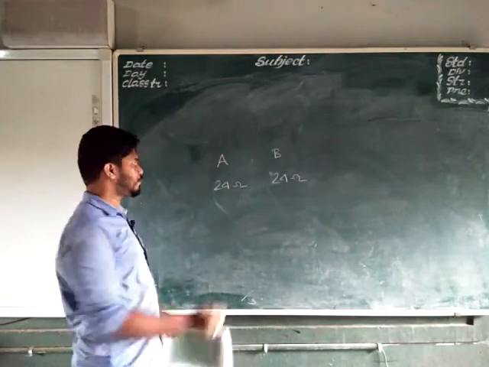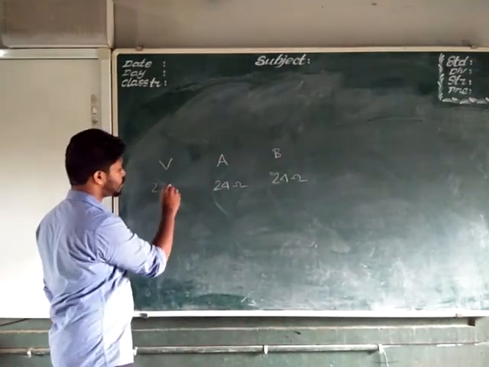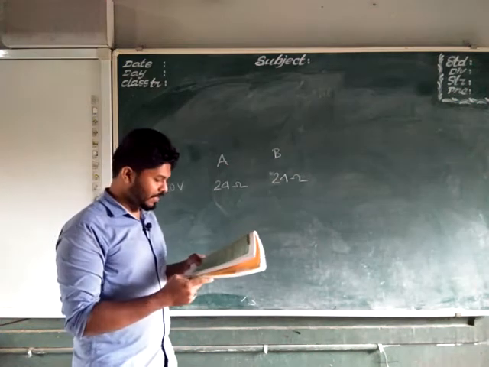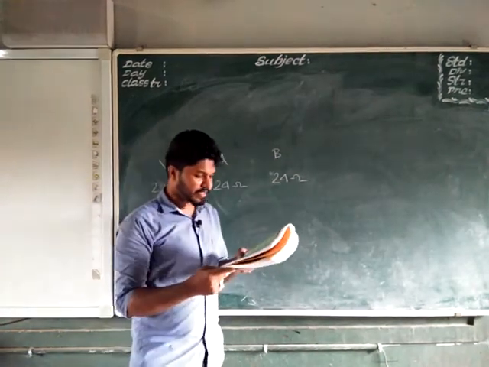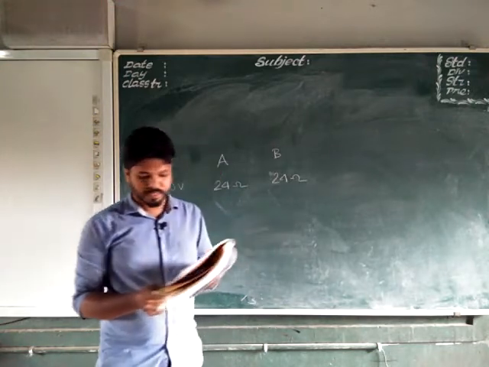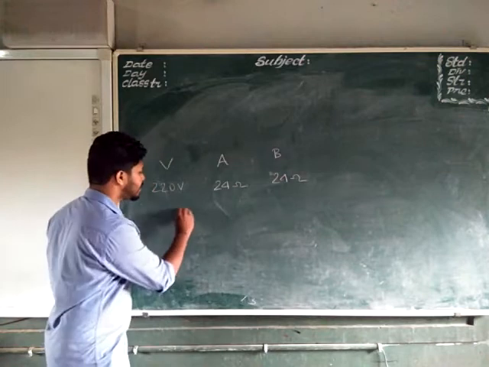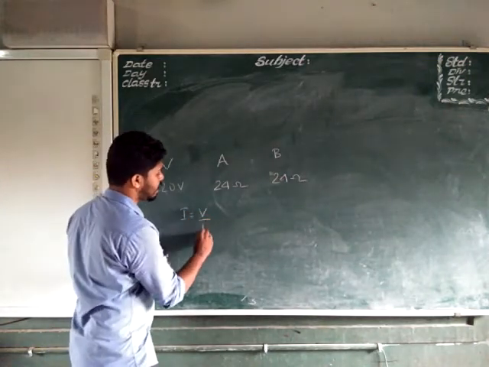Now the potential difference is given to us as 220 volt. You have to find the current passing through it when they are connected separately, in series and in parallel. When they are connected separately, I is equal to V by R.